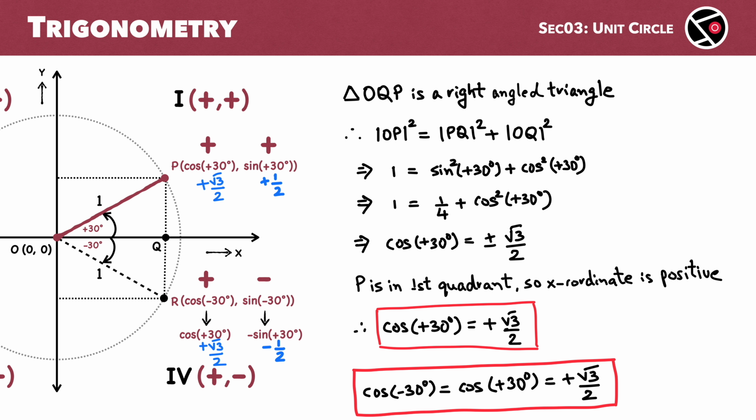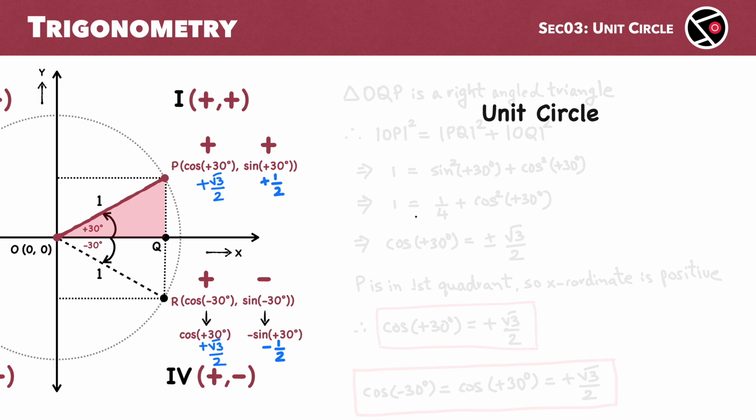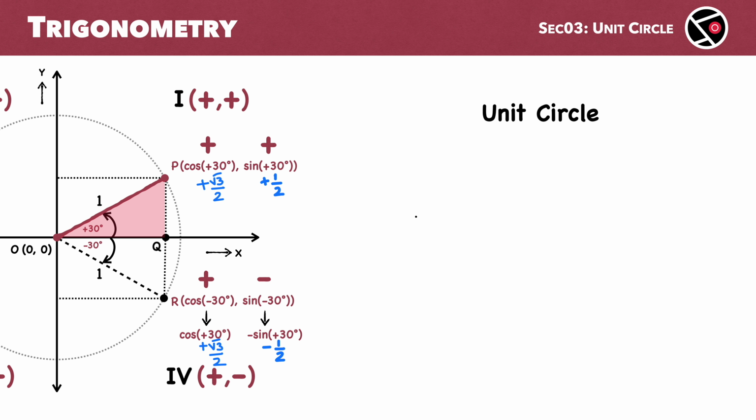I want all of you to have another careful look at the process we followed to find the sine and cosine of plus 30 degrees. We used the unit circle as our starting point, and with this unit circle, we found the values of sine 30 degrees and cos 30 degrees, and also learned two important concepts.